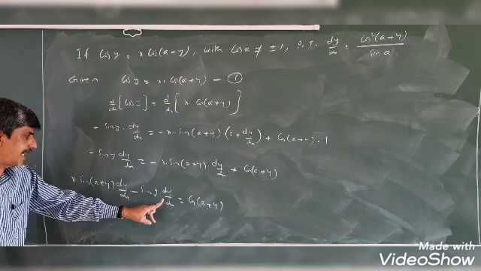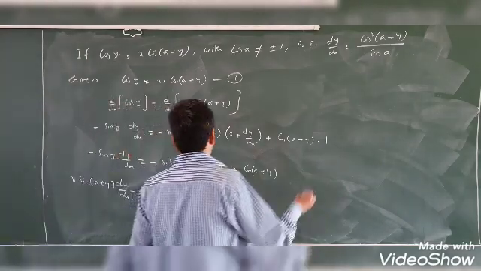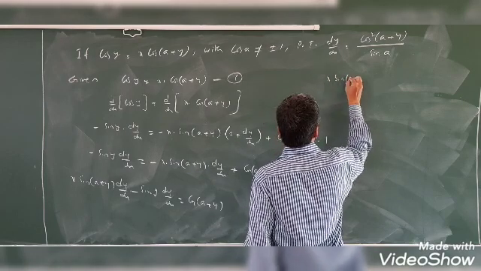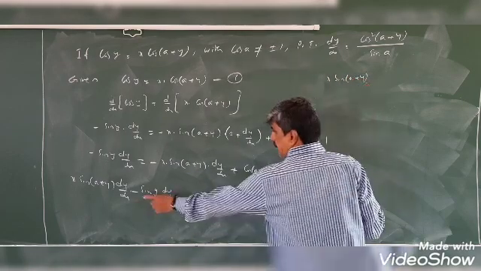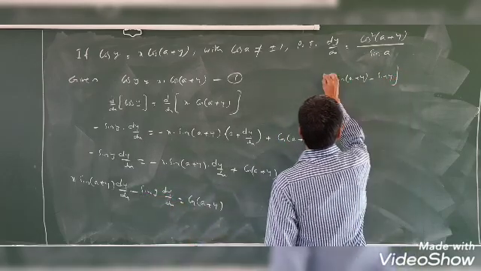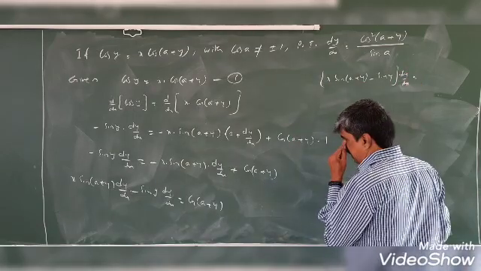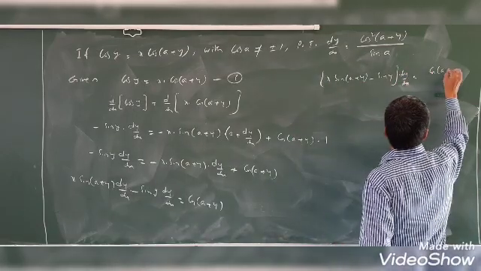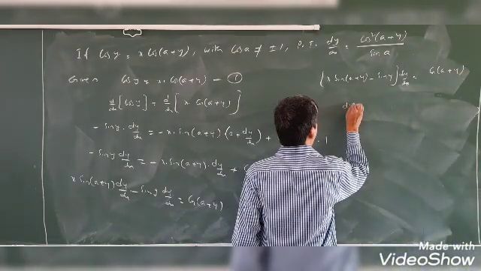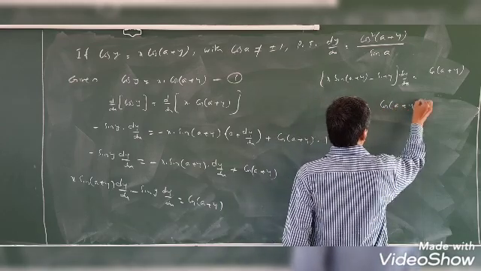Common out dy by dx from these two terms: x sin of a plus y minus sin y, into dy by dx, is equal to cos of a plus y. So dy by dx is equal to cos of a plus y.